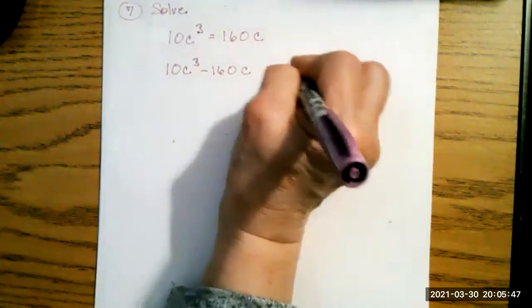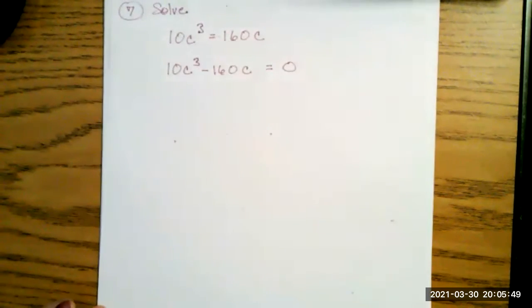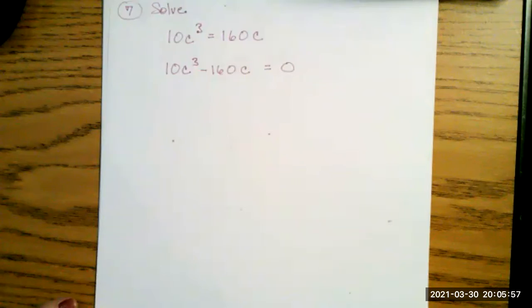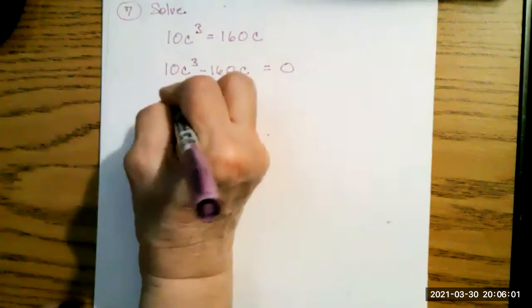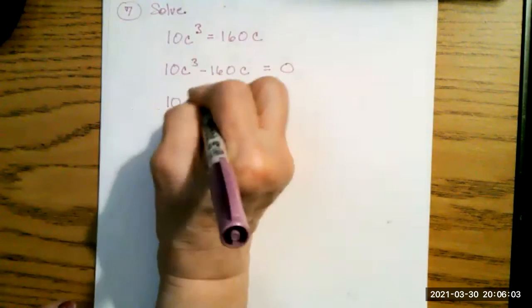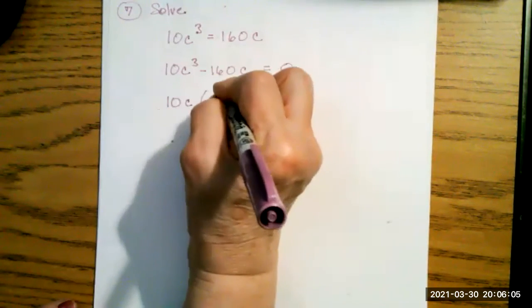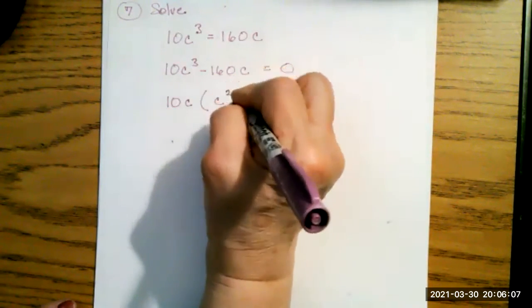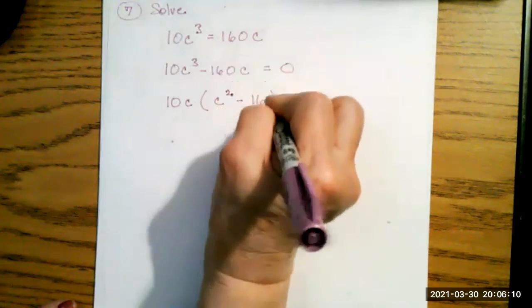We'll make it negative over there. Now let's see what we can factor out of that 10 and 160. Probably 10 and c would come out. And I'll have c squared minus 16.